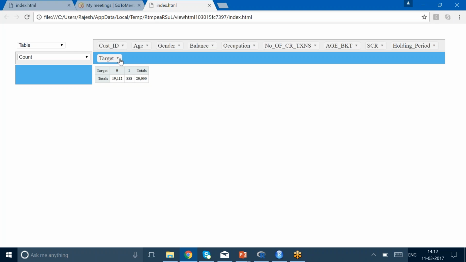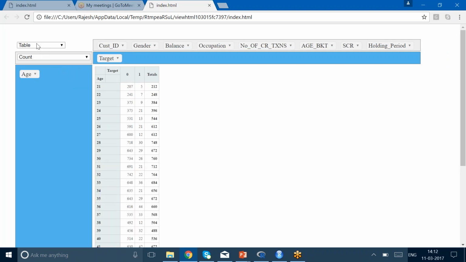Target is our Y in this case. And gender, balance, occupation, number of credit transactions, age bucket, score, holding period, age, all these variables are our independent variables by which we want to try to predict who is going to be a responder and who is going to be a non-responder. So let me take one of the variables, say age.